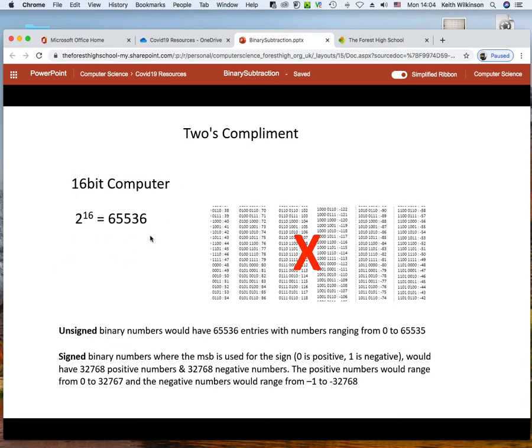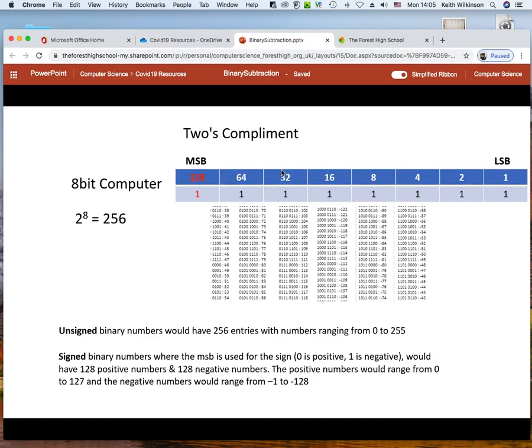I just wanted to point out that there is a point where having a lookup table is of absolutely no use to us. We would spend too long writing out the table. So we need a method, and that method is called 2's complement. And in the next video, I'm going to start looking at how you manage 2's complement.